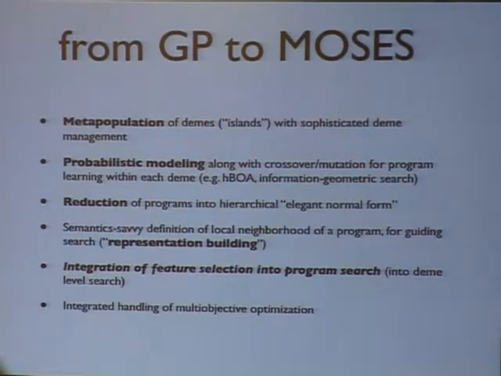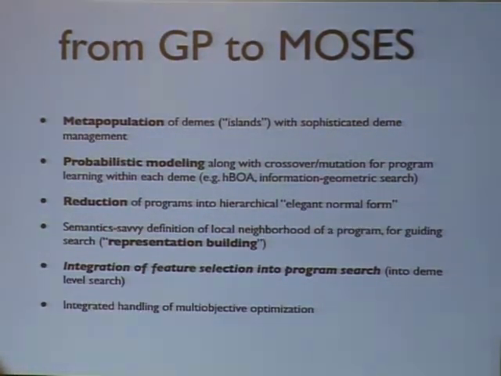So in MOSES, first of all, we have a metapopulation of what we call demes, a term drawn from biology. They've been called islands in the genetic algorithm literature, but they're separate evolving subpopulations. And within each deme, we do crossover and mutation, like in GP, but we also do some probabilistic modeling.